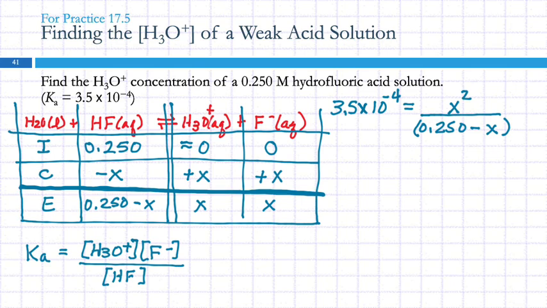This is another chapter full of ice tables. So I'm going to plug this into my solver. 3.5 times 10 to the minus 4 on the left. On the right, make a fraction. We got X squared on top, and 0.25 minus X on the bottom.